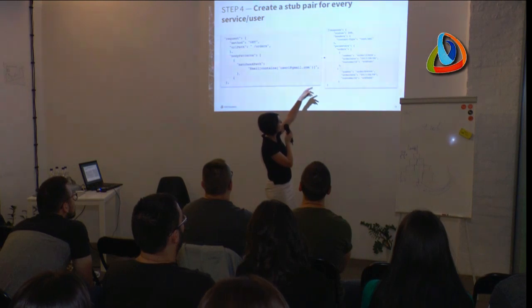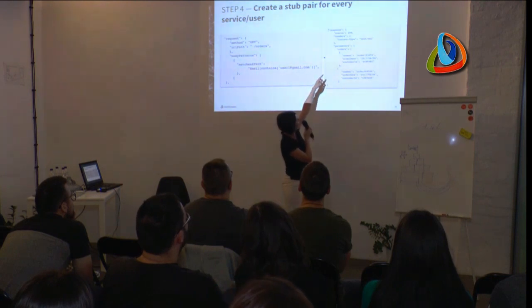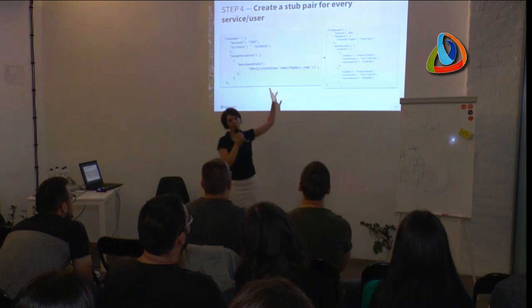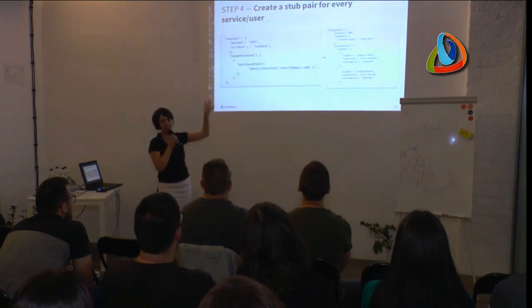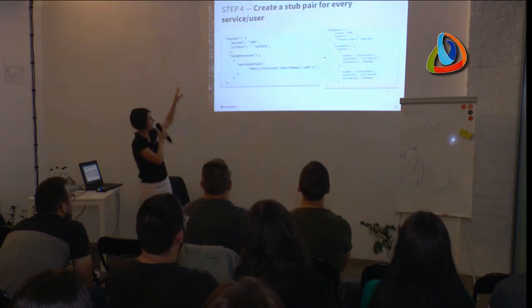In this response in JSON we have some successful status and the list of orders for this user. This is not a real user. Again, this is like a model. Our stub is a model, and this is a model of a user.